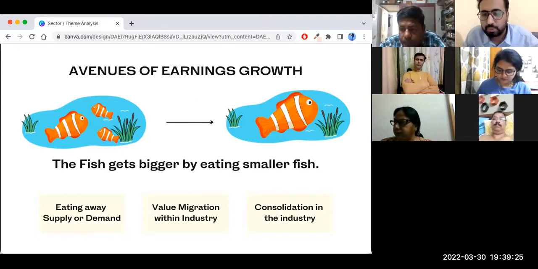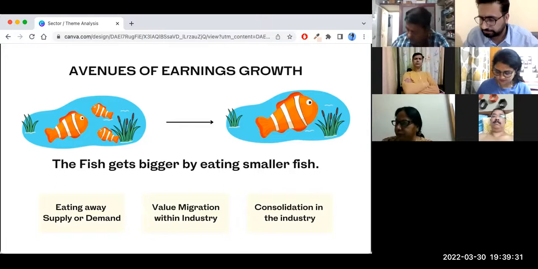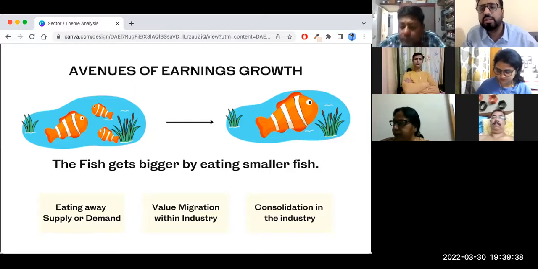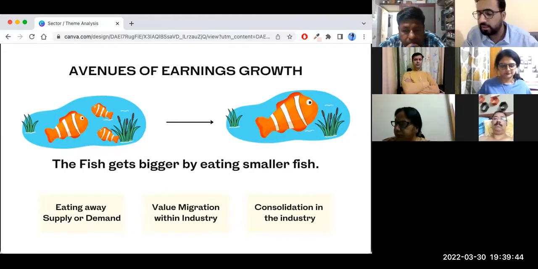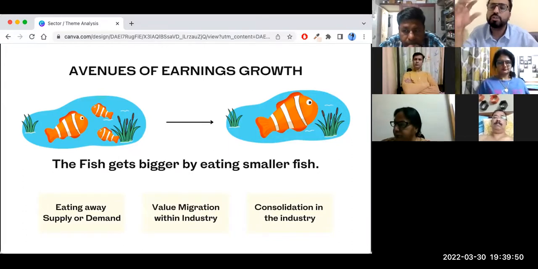Good examples come to our mind, which is let's say Asian Paints. How did they eat away the demand? One, of course, they can run marketing, branding, etc. on TV commercials. But the prime reason how they were able to eat away the demand was their footprint.